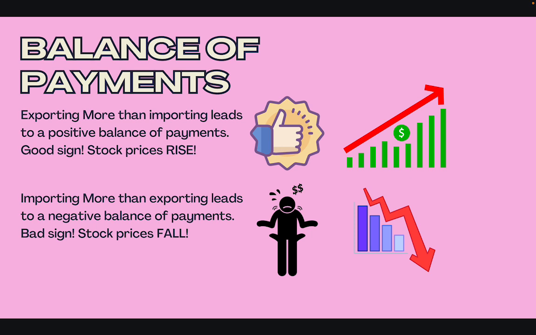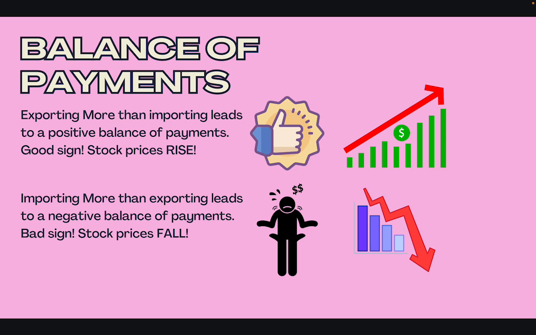So it makes logical sense that if the United States is exporting more than importing, we are going to have a positive balance of payments. That is a good sign, and we can expect our economy to show that with stock prices rising.